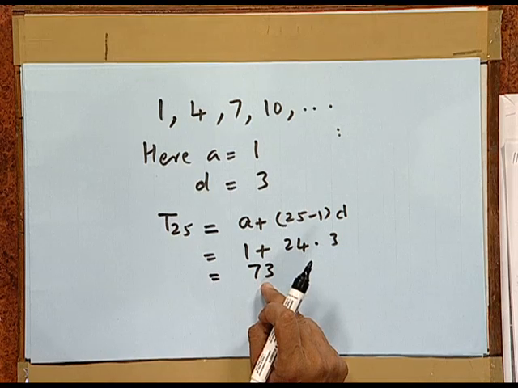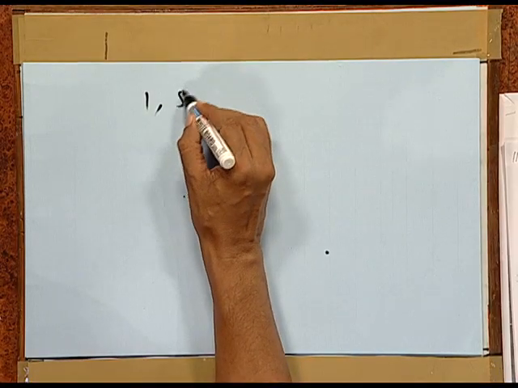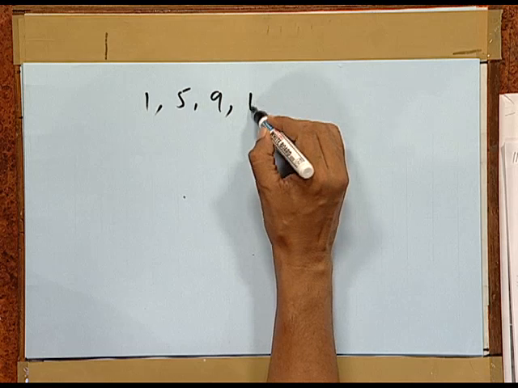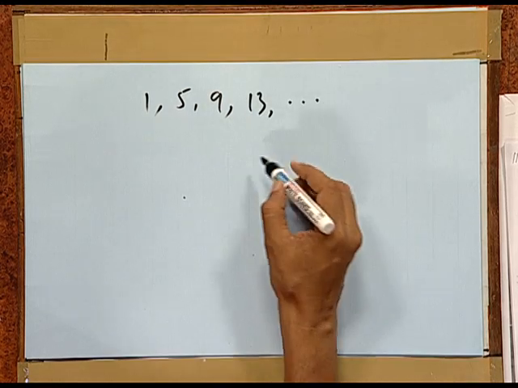The formula which we proved is not only helpful for finding the nth term, sometimes we can also find the value of n when the nth term is given to us. For instance, if we are given a question like this: 1, 5, 9, 13 and so on.